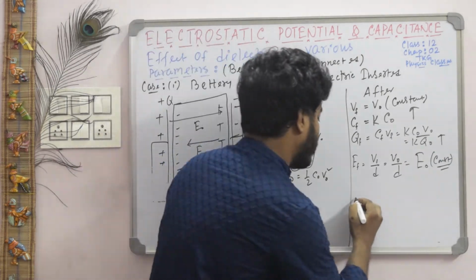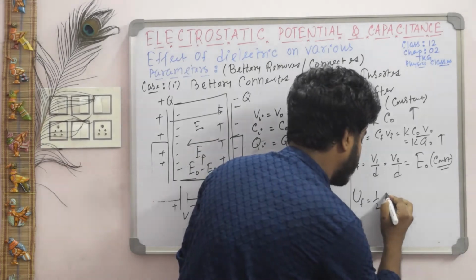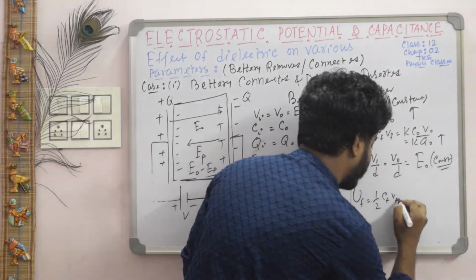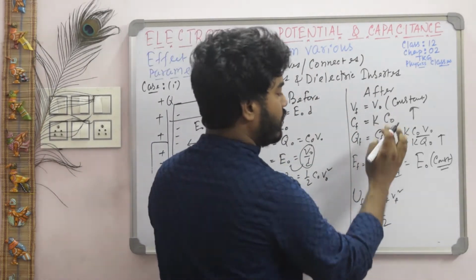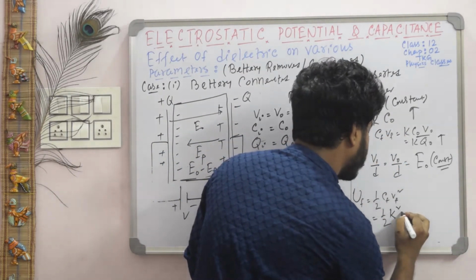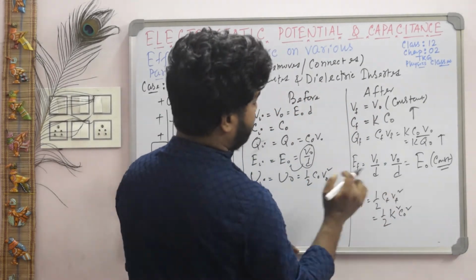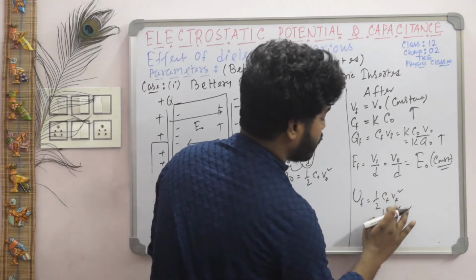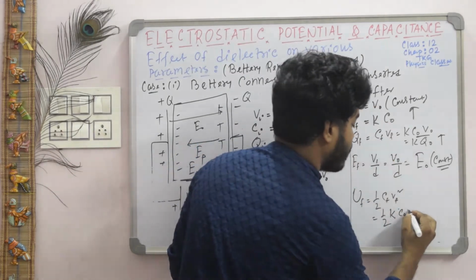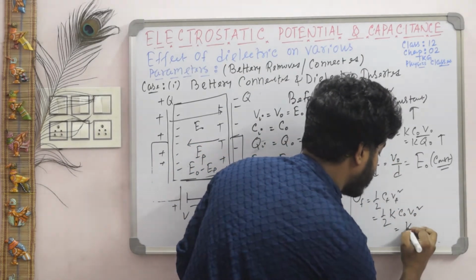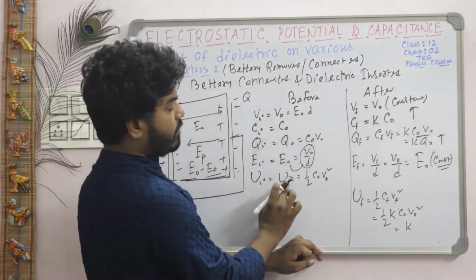Now finally you find out the final potential energy. The formula is half Cf Vf square, that is half, and you know Cf is k C naught, and Vf square means V naught square. So you can say half C naught V naught square, that means U naught.